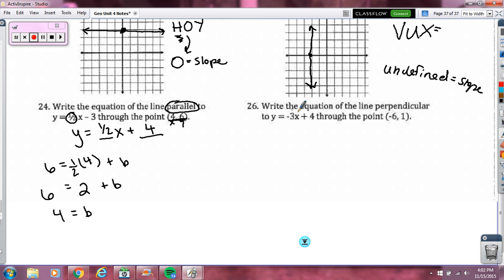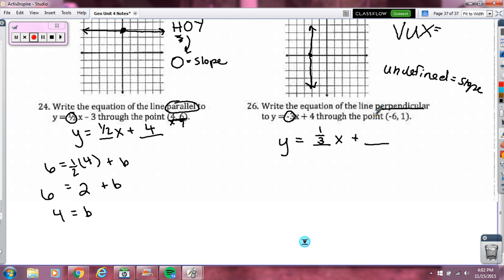Over here, I've got a similar problem, but this time I'm writing the line perpendicular. So again, writing the equation of a line, y equals something x plus something. If I want a perpendicular, then I want the opposite reciprocal slope to -1/3. So the opposite reciprocal of -3 is positive 1/3.